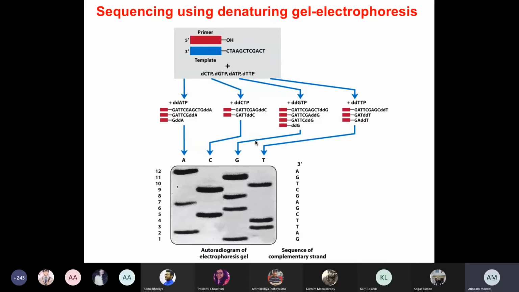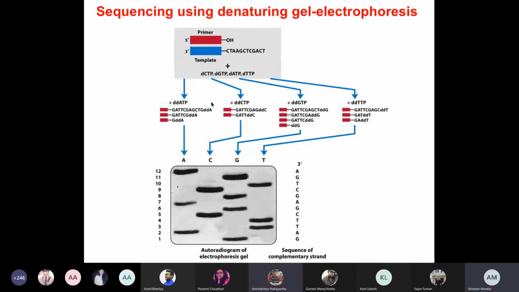The 5' phosphate can be removed via one particular enzyme, and subsequently you can introduce radioactive phosphate at the 5' end, so that your primer becomes radioactively labeled. For example, the 5' end phosphate can be 32P labeled, so that phosphate will be radioactive.